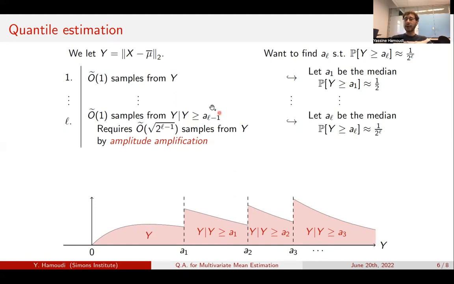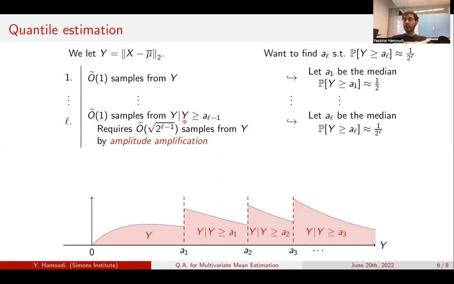In particular, the probability of this event for an arbitrary value of L is about 1 over 2 to the L, by definition of the quantile values. So now, if you just take classical samples, the probability of observing this event is about 1 over 2 to the L. So you will need 2 to the L classical samples before you can obtain one value from this conditional distribution.